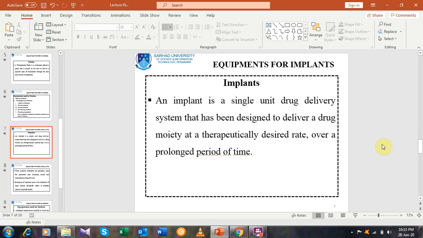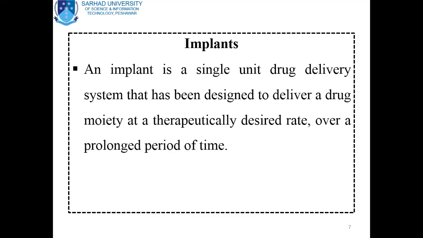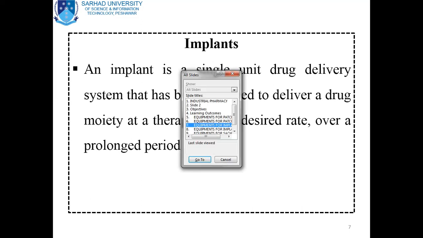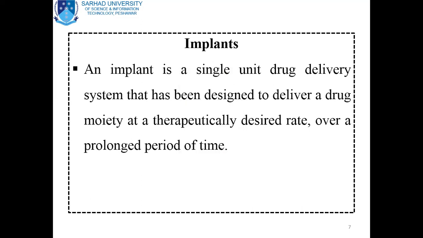Modified is when we alter the conventional dosage form, then we say that it is a modified one. And implants are one of the modified release drug delivery systems, in which a single unit drug delivery system is given to the patient over a prolonged period of time.